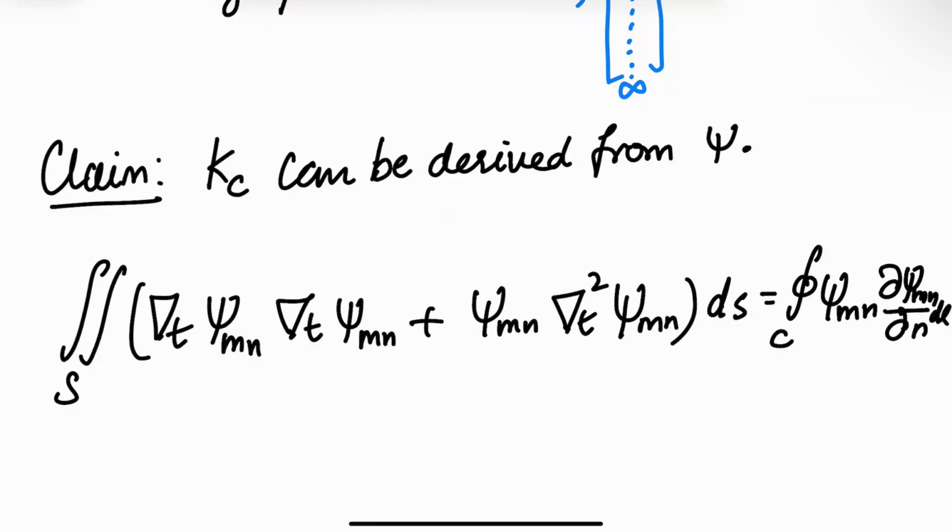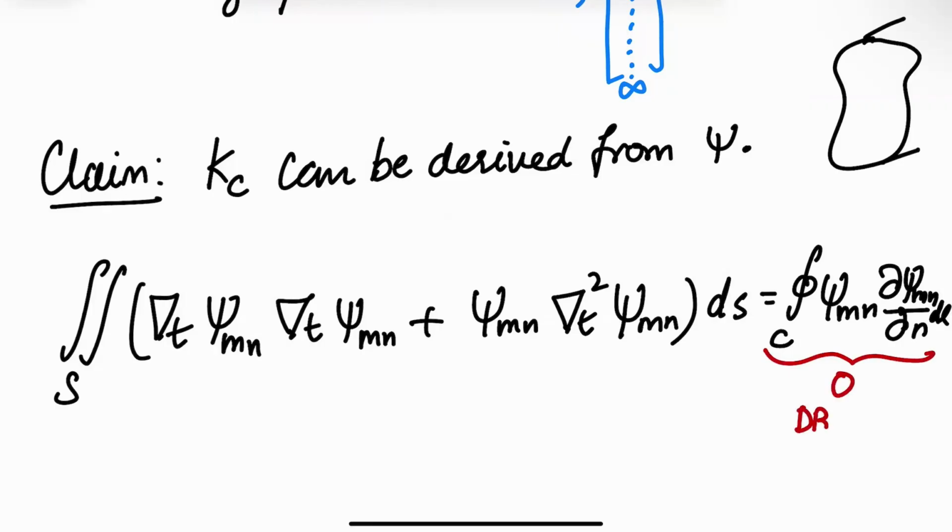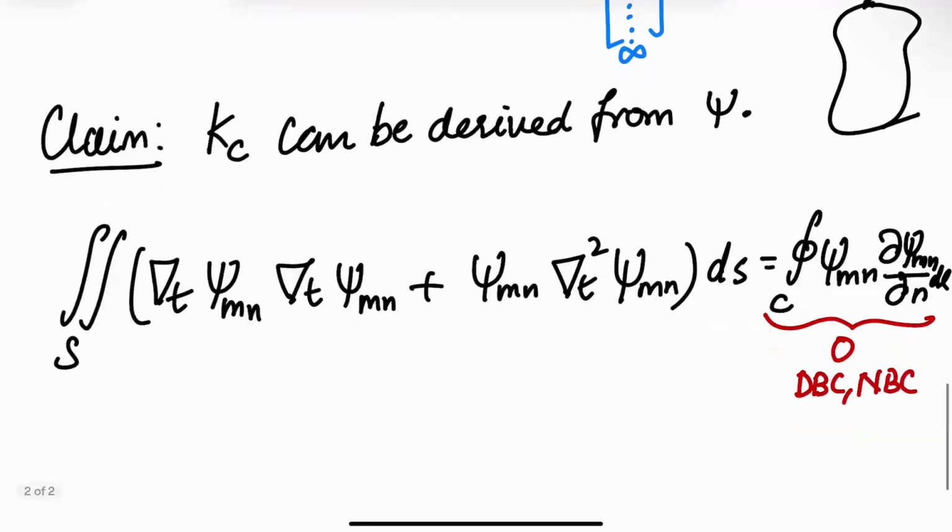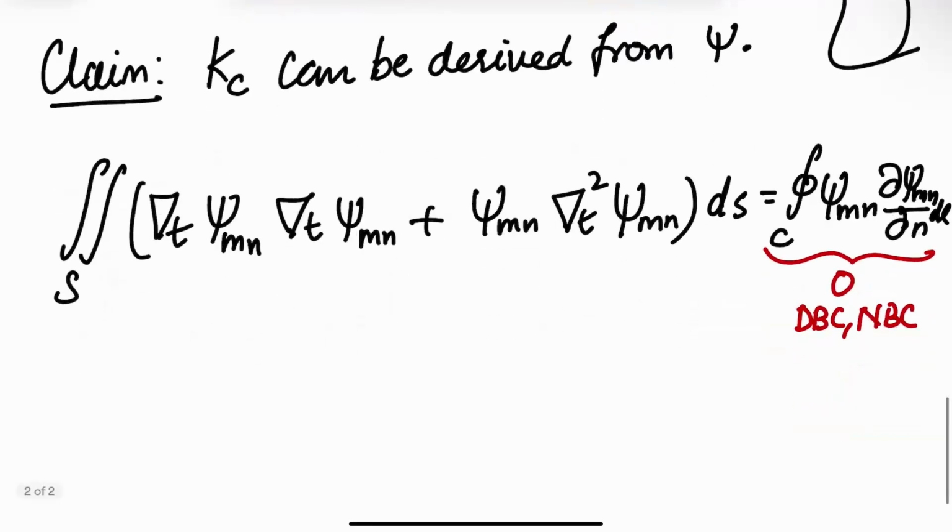Right, so since this is for a PEC, whatever arbitrary cross-section waveguide for a PEC, the right-hand side must be 0 from the Dirichlet and Neumann boundary conditions, right? DBC or NBC. Okay, and this term here is minus kc square psi mn.